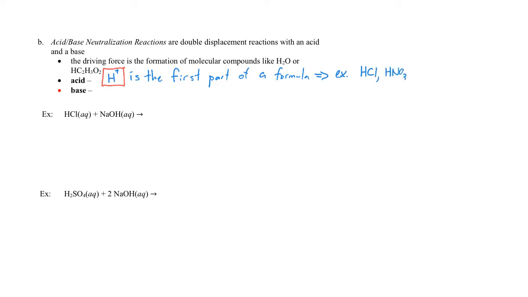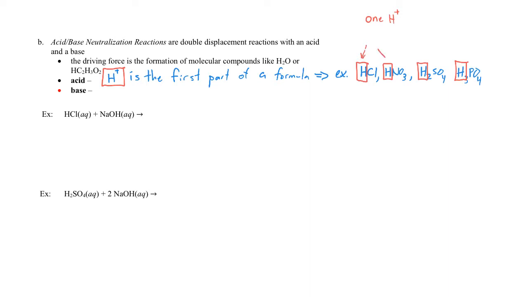Here are some examples. The first one, HCl, is called hydrochloric acid, and we see H plus right next to Cl minus, and that's what makes HCl an acid. We also have nitric acid, where H is before nitrate, sulfuric acid, where H is before sulfate, and phosphoric acid, where H is before phosphate.